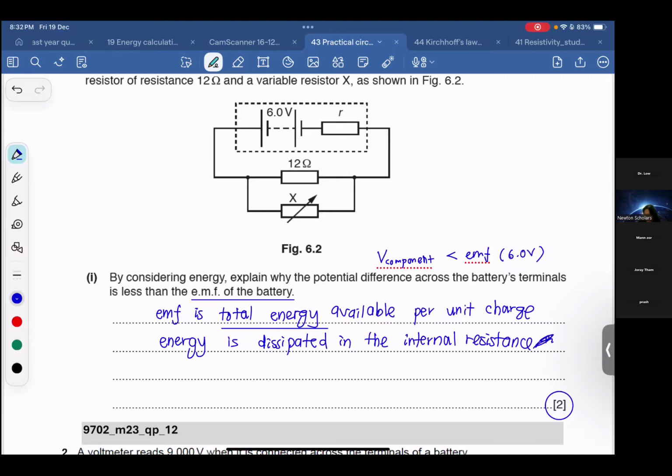If this question is only 1 mark, then this is our answer. Here 2 marks, that's why we have to give one more point. EMF is the total energy, but we didn't receive the whole energy because some of the energy is lost due to the internal resistance. There is internal resistance in the circuit.